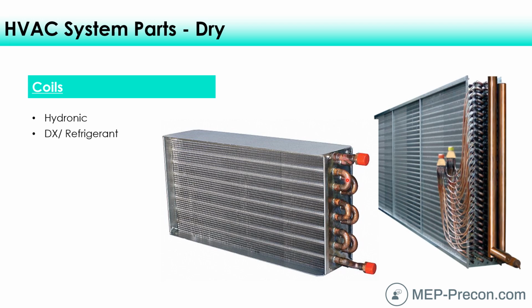If this is a heating coil, for example, the water inside of these tubes would be pretty warm, and it would exchange the heat to these tubes, and then those BTUs, those British thermal units, that is the means of moving the heat that way. The air comes by and picks up those BTUs, picks up the heat from the heating coil through these tubes.